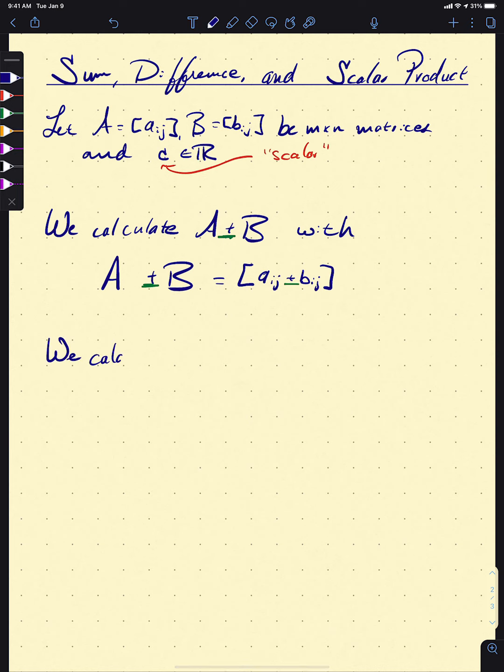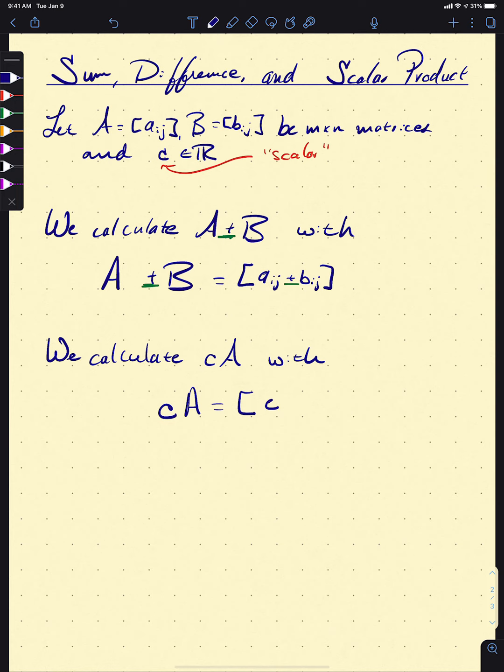Now, what is this scalar product thing? Okay, so we calculate C times A. C is our scalar, and A is our matrix. And we do that by CA. Once again, we do this element by element.